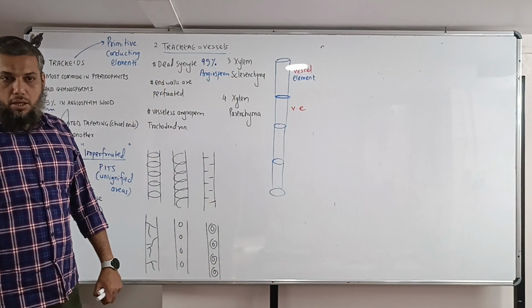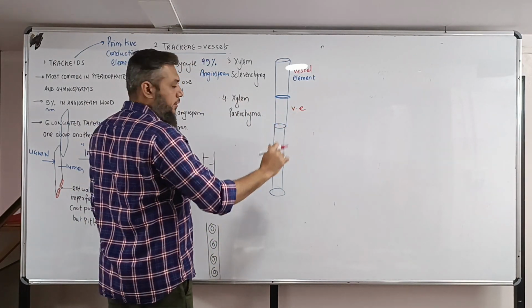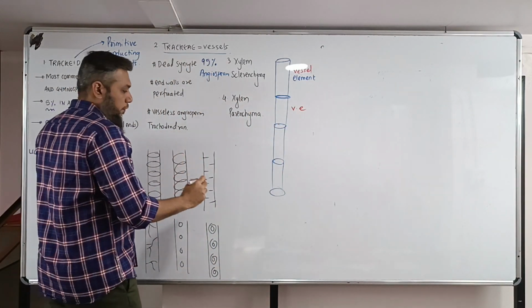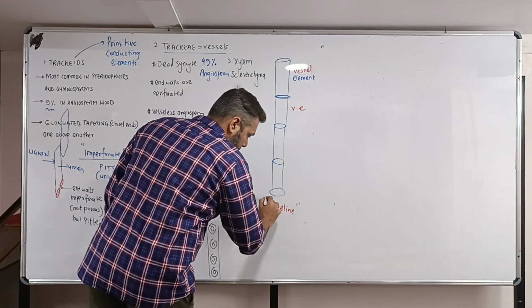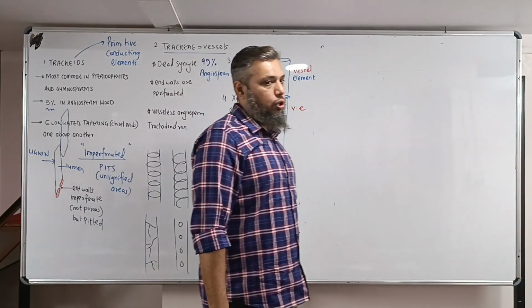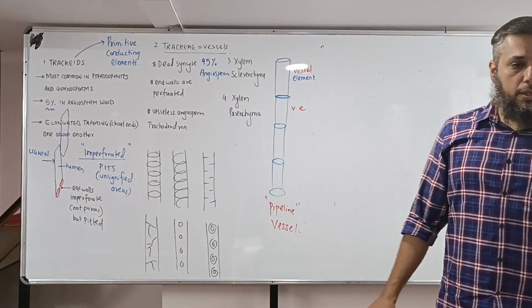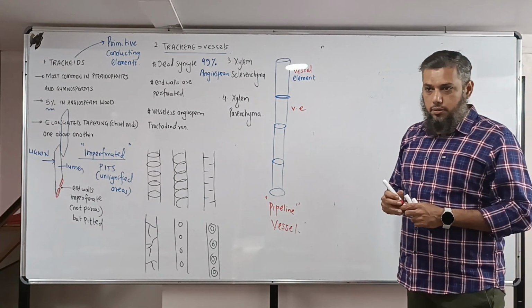And the nucleus and cytoplasm become dead, as a result of which you get a continuous pipeline which is called a vessel. You get a continuous pipeline which is called a vessel.